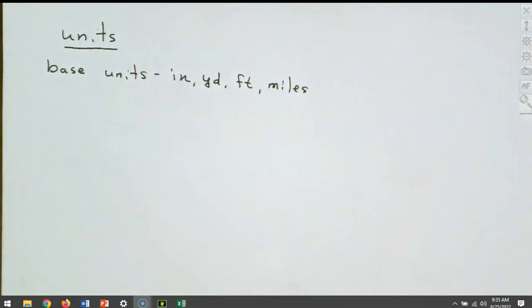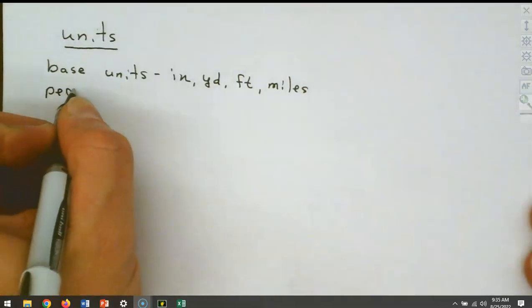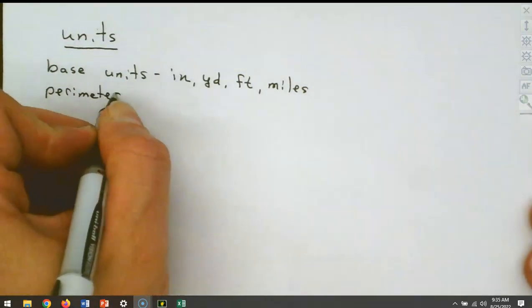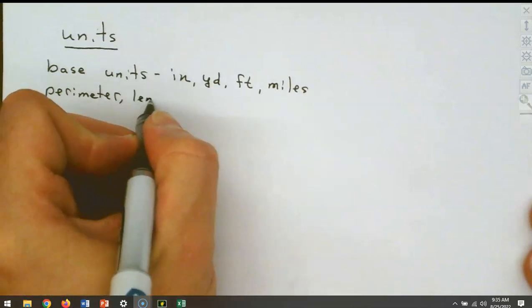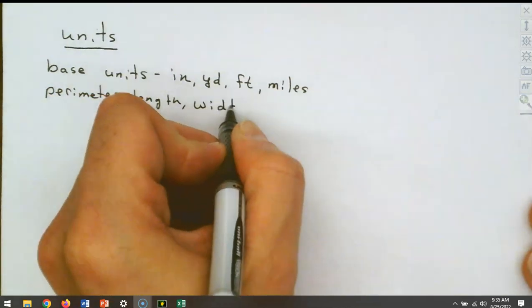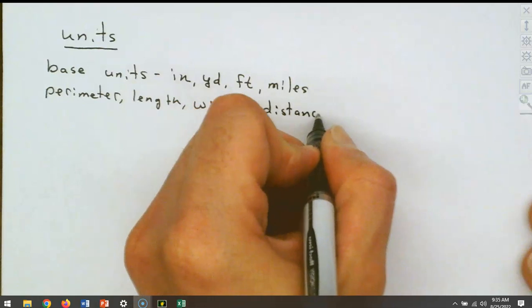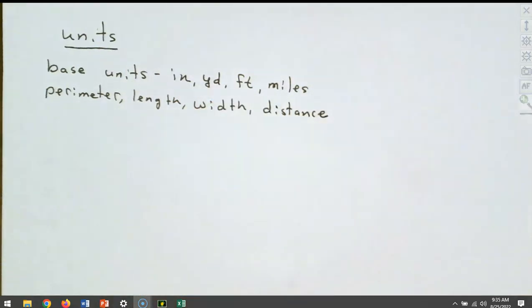And where do we have base units? Well, we have base units in the perimeter, in a length, a width, distance. Those are all going to be measured in the base unit.